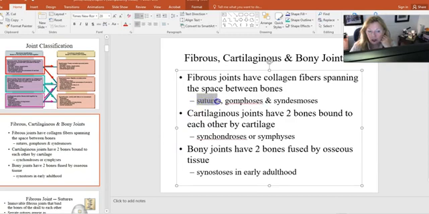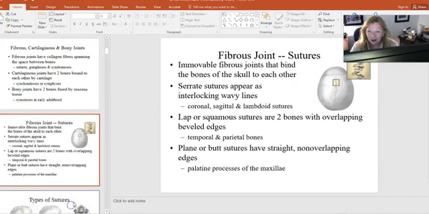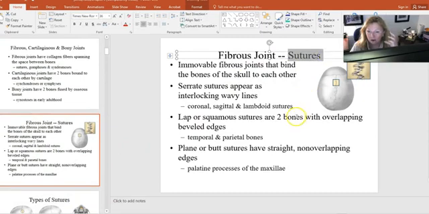The ones I'm going to want you to know are sutures, which are actually only found in the skull. I'm going to go to the next slide to show you these. In the skull, those cranial bones that make up our skull, we're going to find these joints that we refer to as sutures. Not all sutures are created equal as far as their anatomy goes.